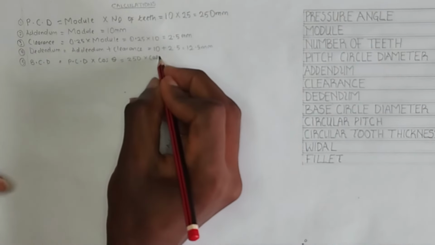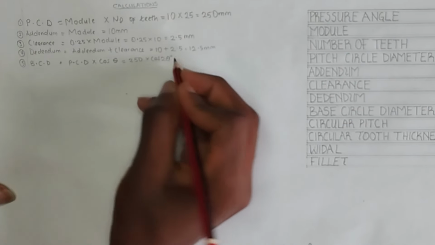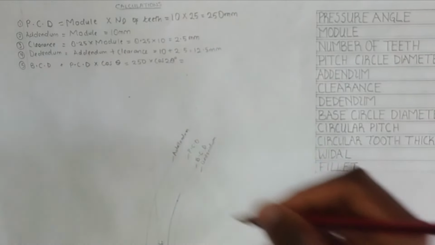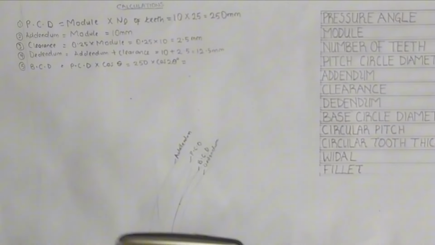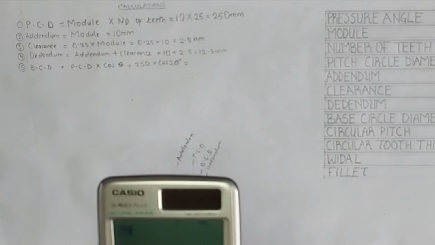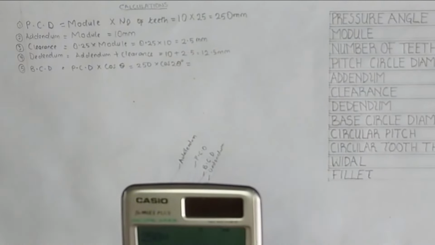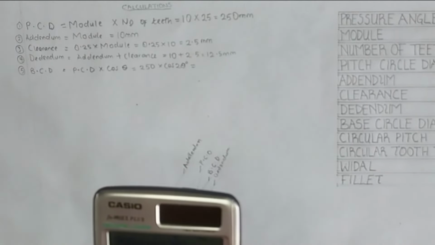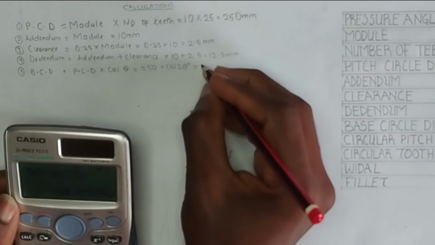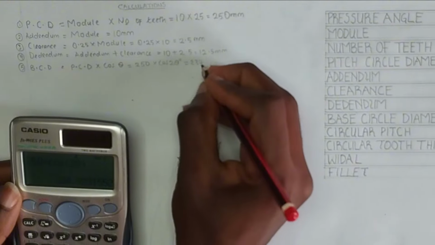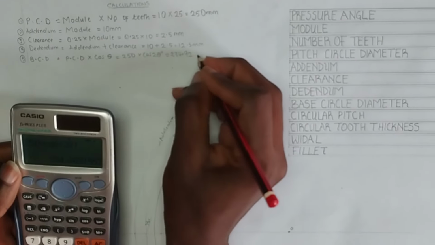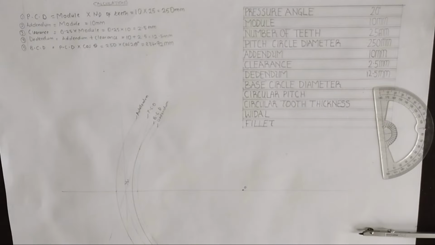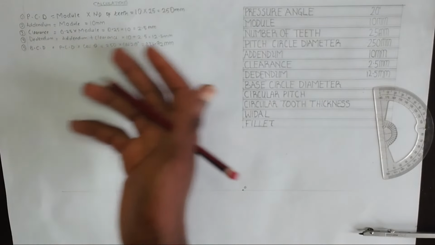Our pressure angle, cos 20 degree. So let me punch my calculator for that: 250 times cos 20 degree. That's going to give us 234.92 millimeter. That's our BCD.